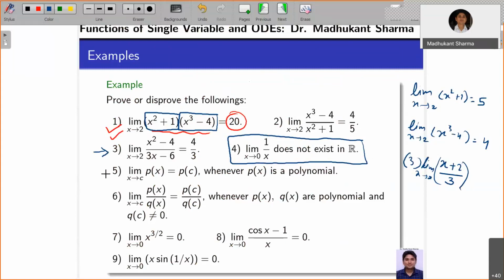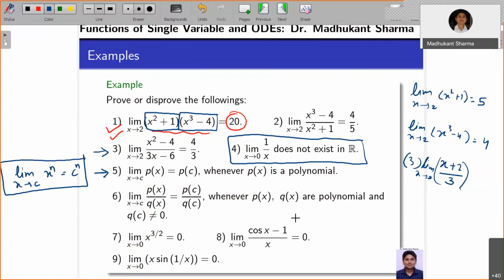Let's understand this problem. Limit x tends to c of p of x is p of c, where p of x is a polynomial. Whenever we say polynomial, this is an n-degree polynomial where all the powers of x are positive. We have already shown that limit x tends to c of x to the power n is equal to c to the power n.